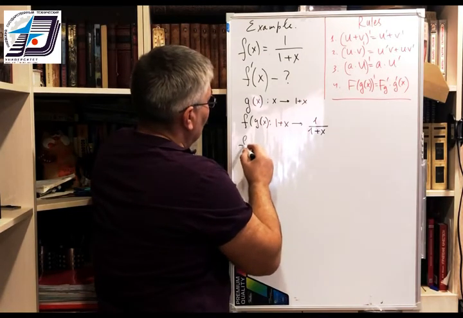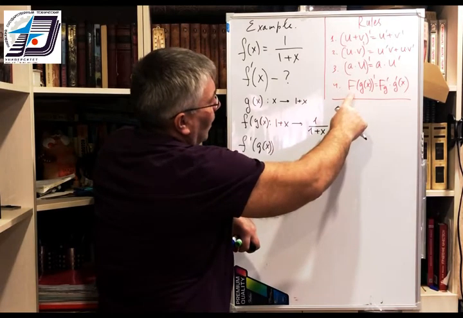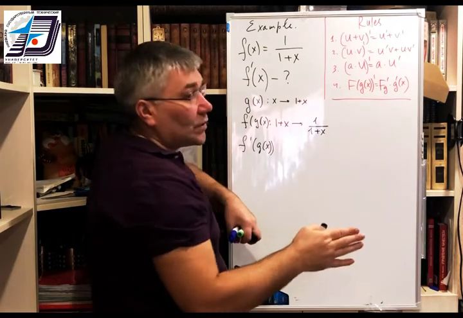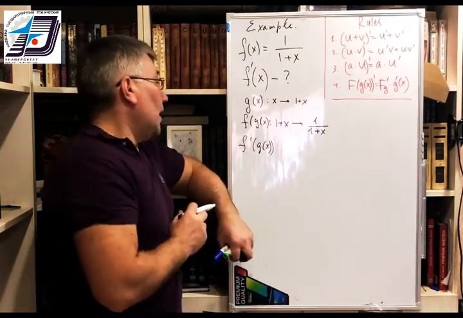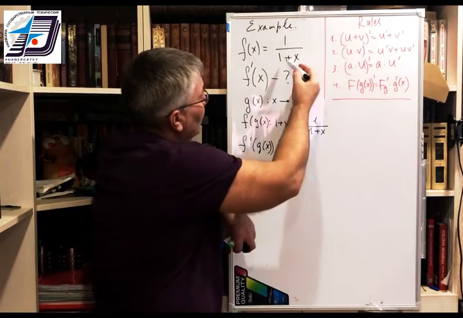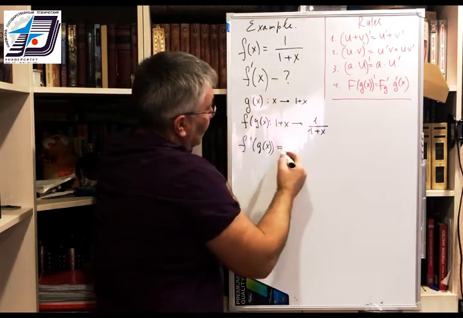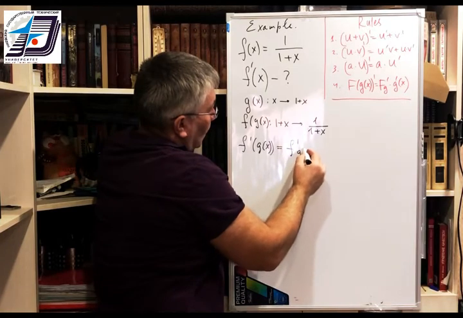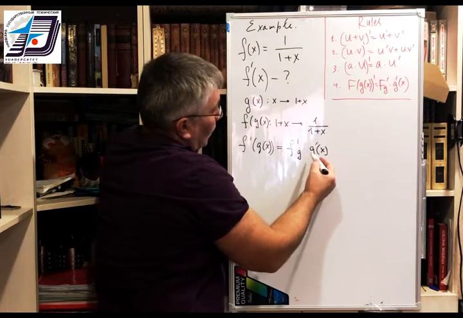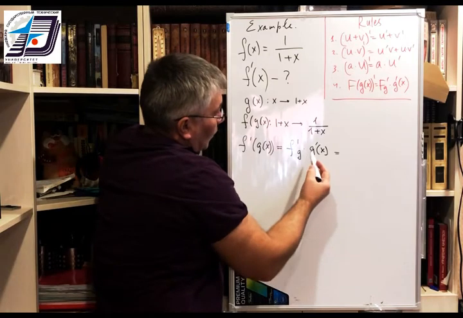By the way, I used a capital letter here and a small letter here. It doesn't matter, because it is a question of notation. So for f of g of x, firstly I have to calculate the derivative of this with respect to g, and then multiply by the derivative of g with respect to x, g prime of x.